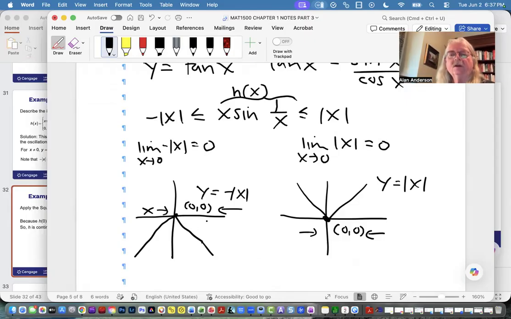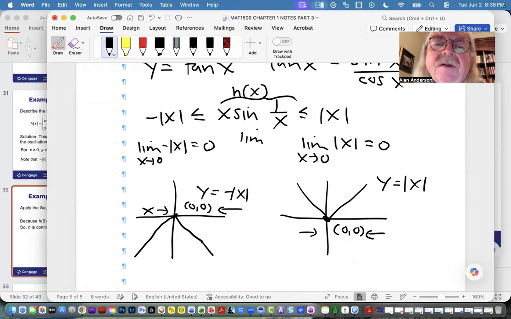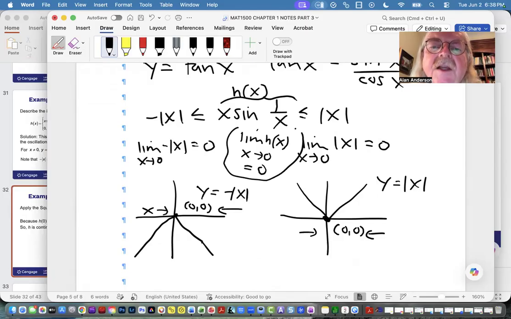And so according to the squeeze theorem, since this function is always somewhere in between the two, at this point where both functions have a limit of zero, this one must also have a limit of zero. So rather than solving for it directly, we're using the squeeze theorem to prove it.